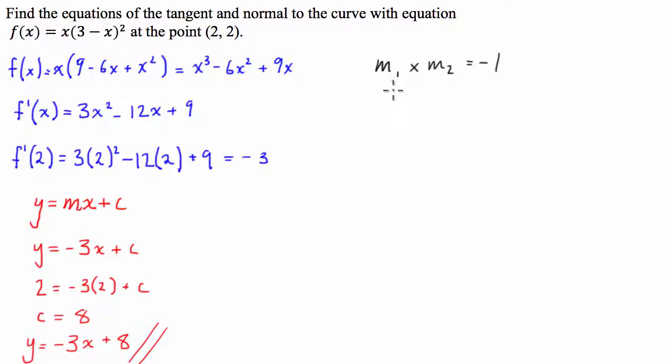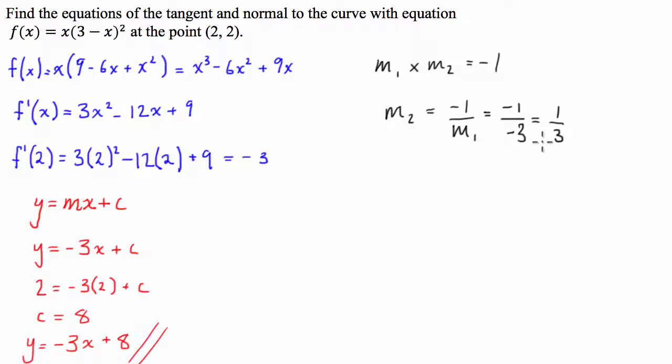So we know what M1 is, so to figure out what M2 is, we can just say M2 is equal to -1 over -3, which is 1/3.